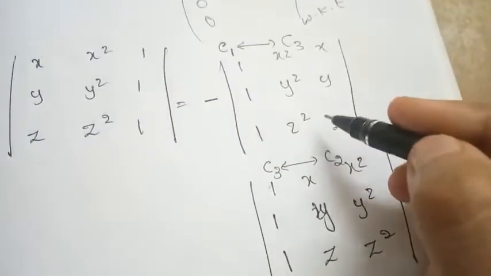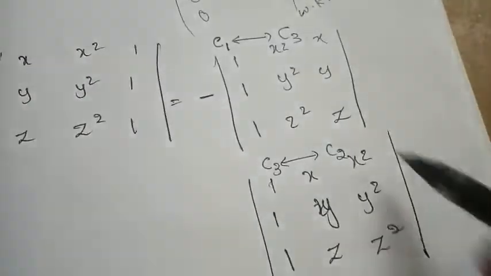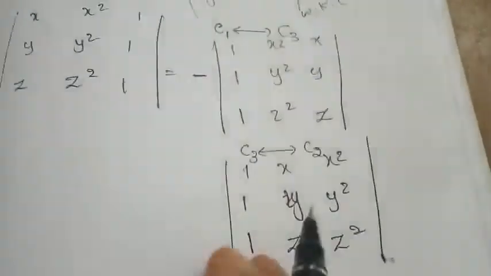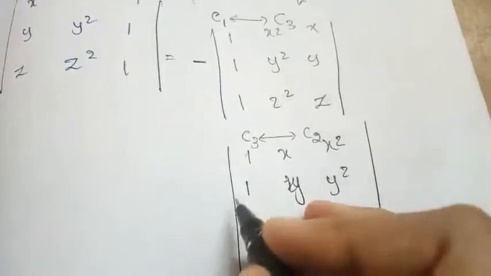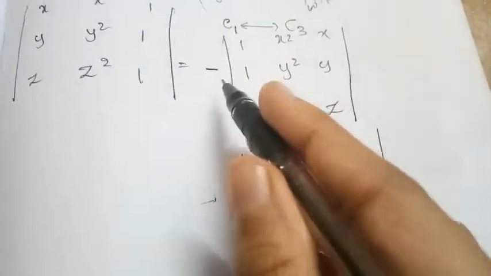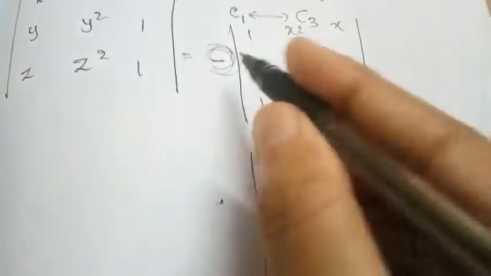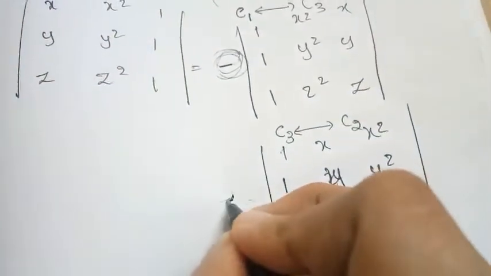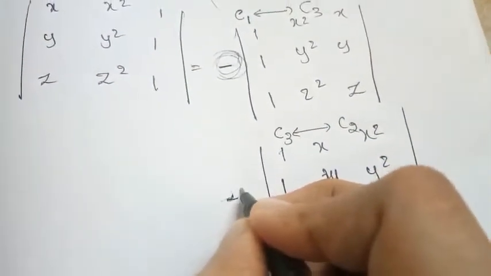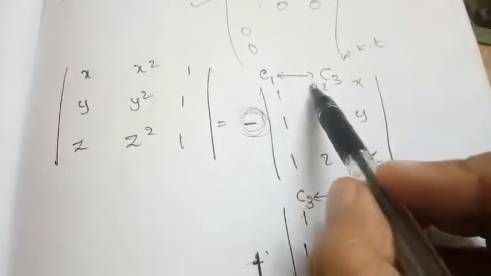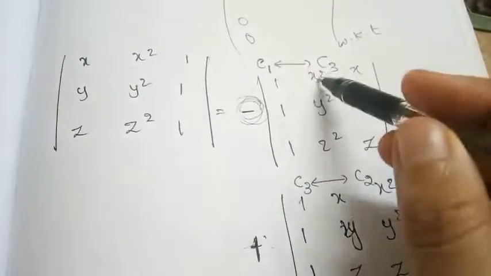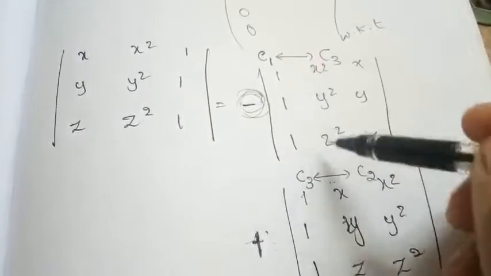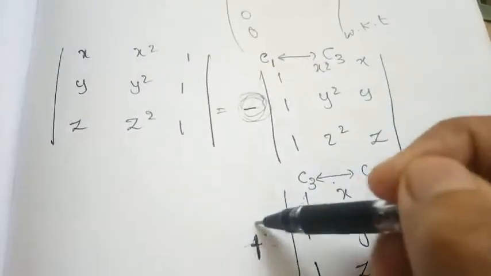So again there was a change in two columns, and by that the sign of the determinant changes. So here it was minus, again minus of minus is nothing but plus. So by using two interchanges of any two rows or columns, the sign remains as it is.